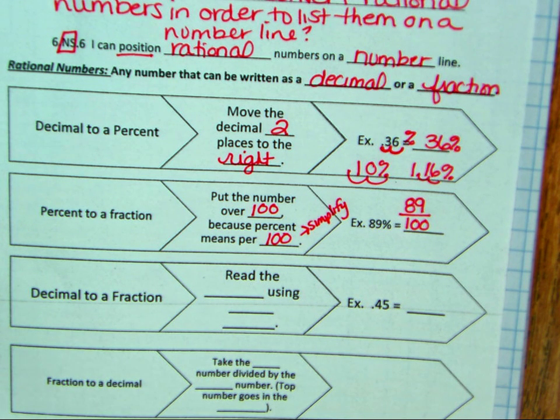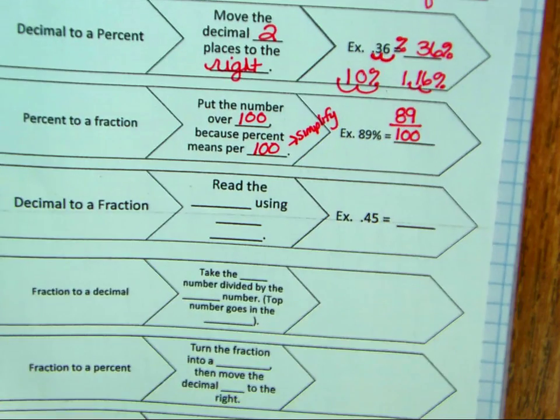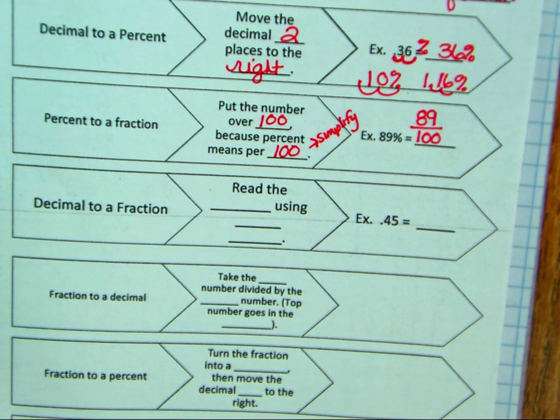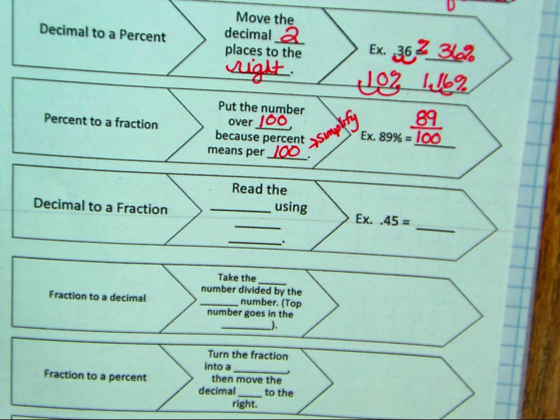All right, so we've done decimal to percent, percent to fraction. Okay. Now let's do the next one, which is decimal to a fraction. So let's think back to place value. Remember, we have tenths, hundredths, thousandths, 10,000ths, and so forth.